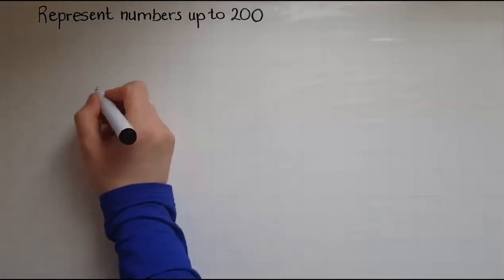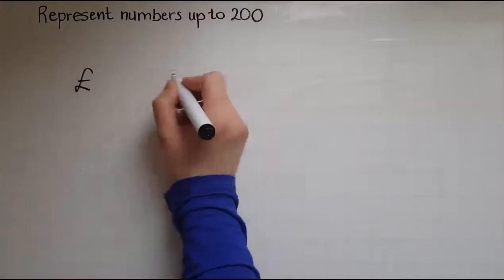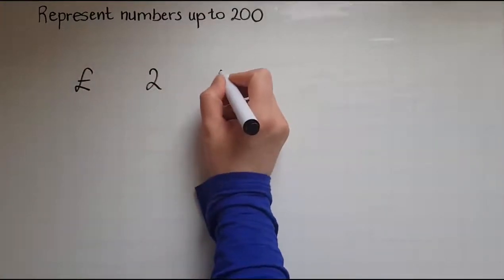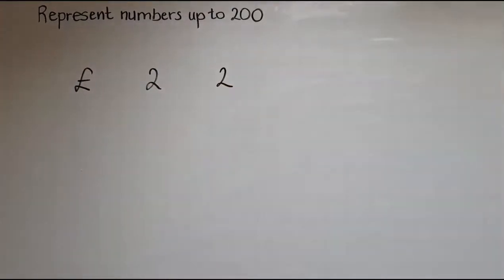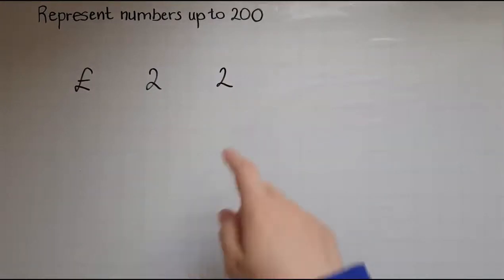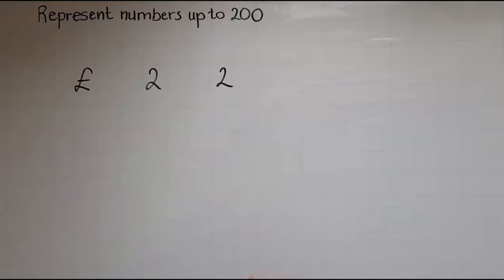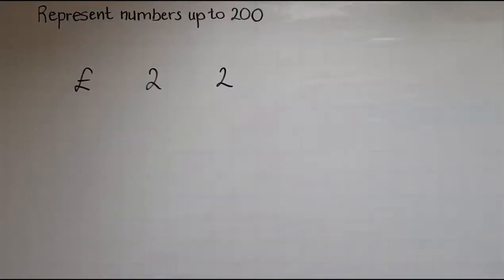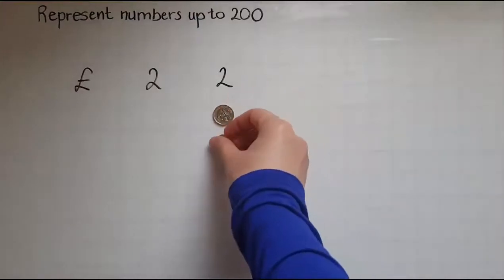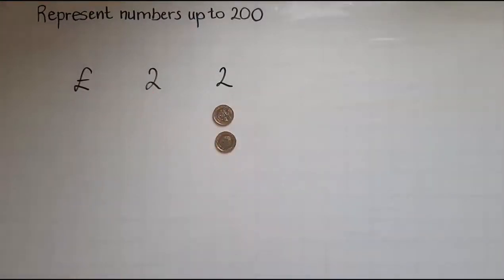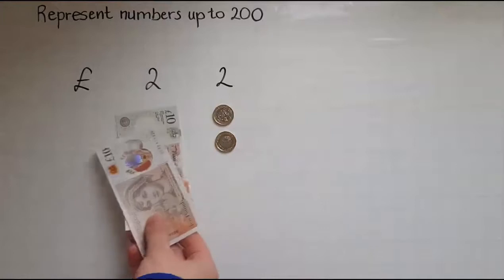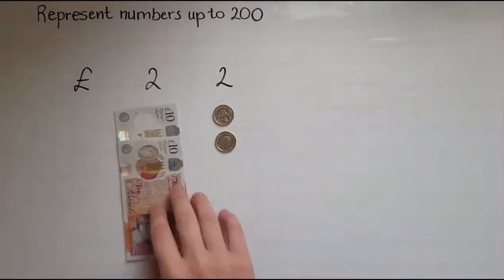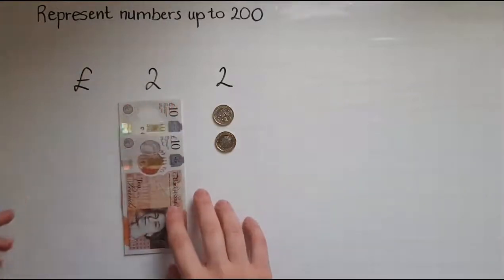So I have this amount of money. How much is that? That's £22. What does that 2 mean? As I said, £22. So that is £2. And this means 20. So there is 10 and another 10 to make 20.